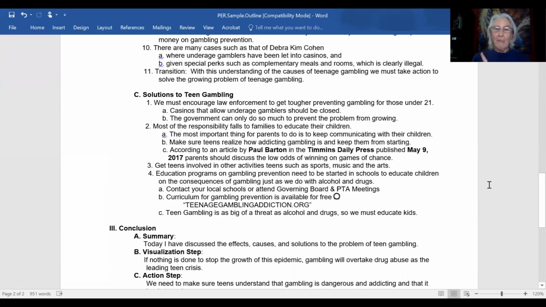And then, probably the most important thing I can tell you about a persuasive speech, a behavioral persuasive, where you're trying to get the audience to take action, you've got to give the audience things they can actually do. So in the solutions, we don't want a lot of, well, they need to do this, they need to do that. It's we.